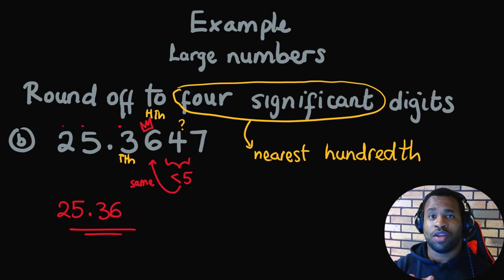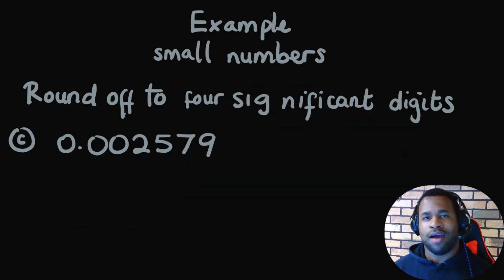Now the next one here is, how about you're given a small number? Now for this example, which deals with a small number where we have to round off to 4 significant digits, we have 0.002579, and in here we can focus on what the significant digits are. We have a 0, we have a 0 after the decimal point.